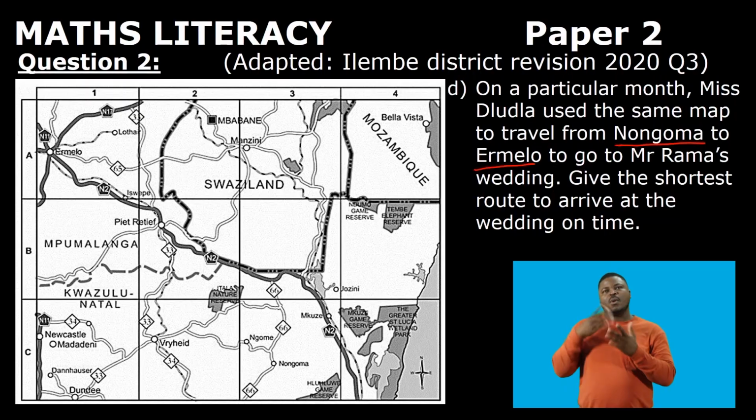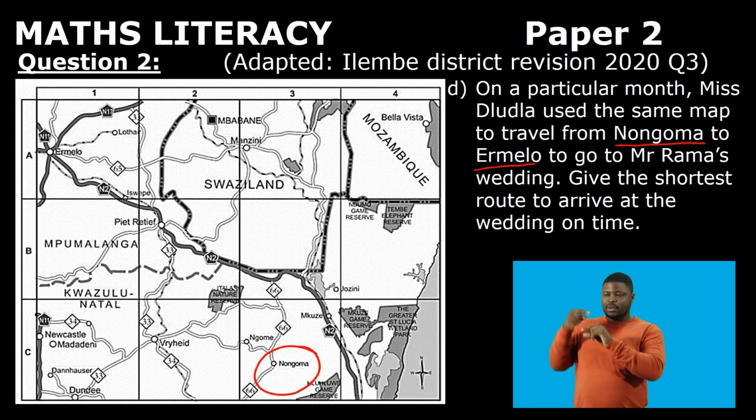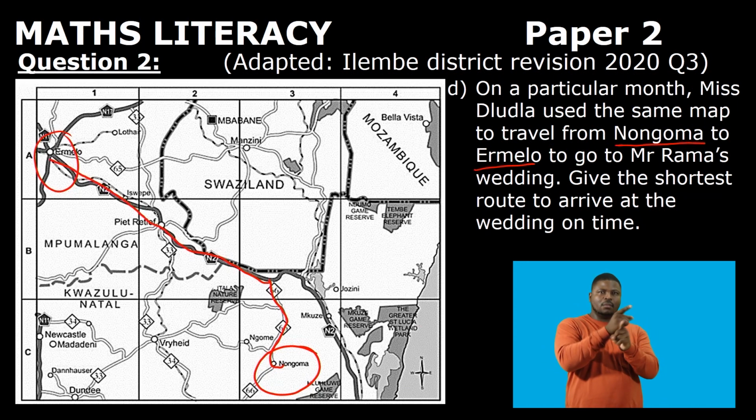So you would have said, okay, she wants to go from Ngoma, it's here, to Ermelo. So she will take the R66 onto the N12 and then straight to Ermelo. And that is quite a mouthful.